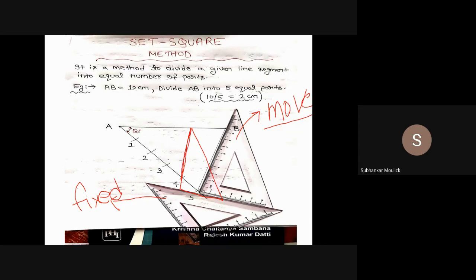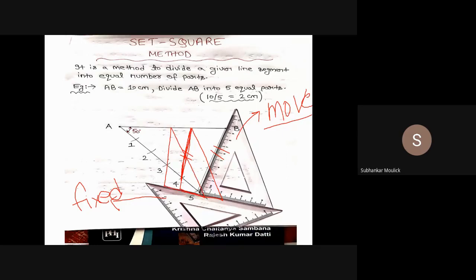Just draw this line. Now see, this line is parallel to your 5B line. Again, don't move the bottom set square. Just move the top set square and bring the perpendicular side to the third arc point. Then after a certain interval of time, this will be the position of the top set square.